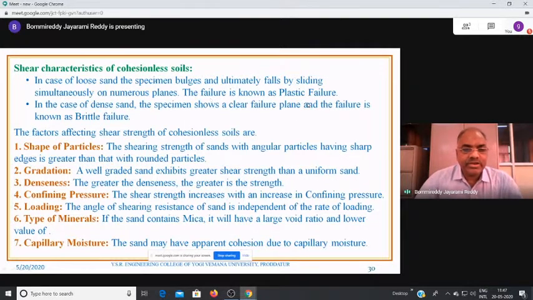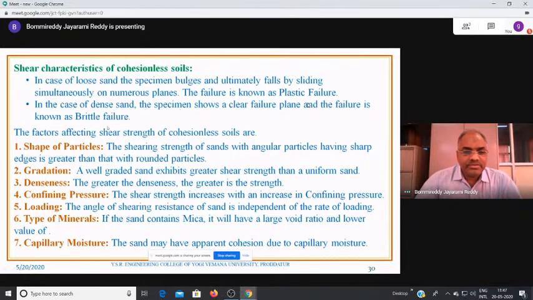Then shear characteristics of cohesionless soils. Cohesionless soil means loose sand. You know that loose sand normally bulges if there is a small amount of water, and when it is completely submerged or completely dry, it has maximum density.